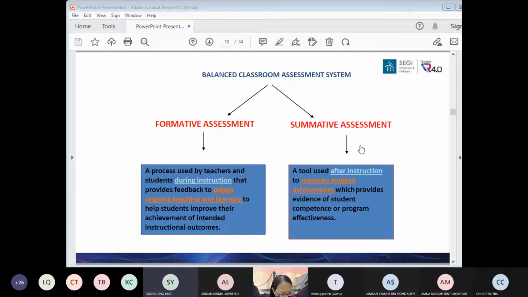Yes, Miss. Can you explain to me now? Done during class time. What is done during class time? Informal. Yes. What is done during class time?